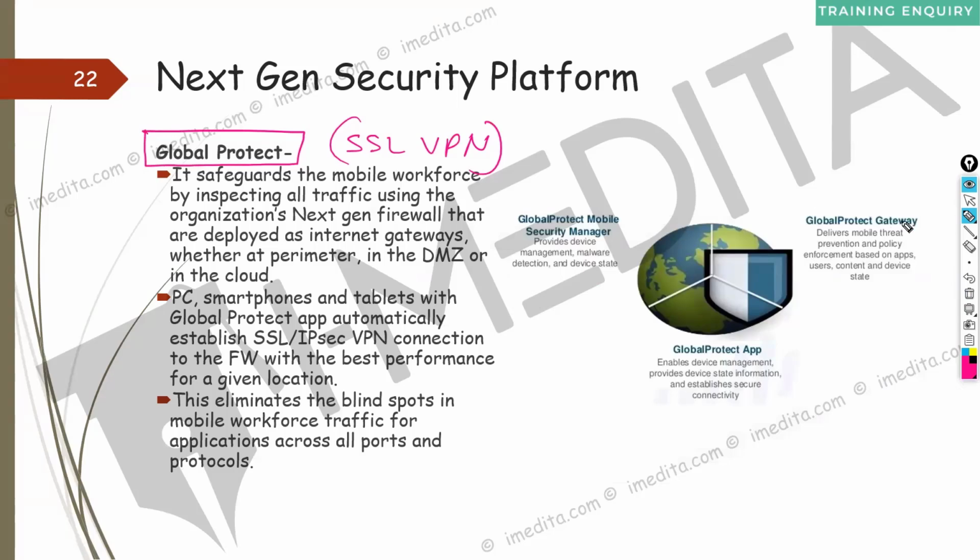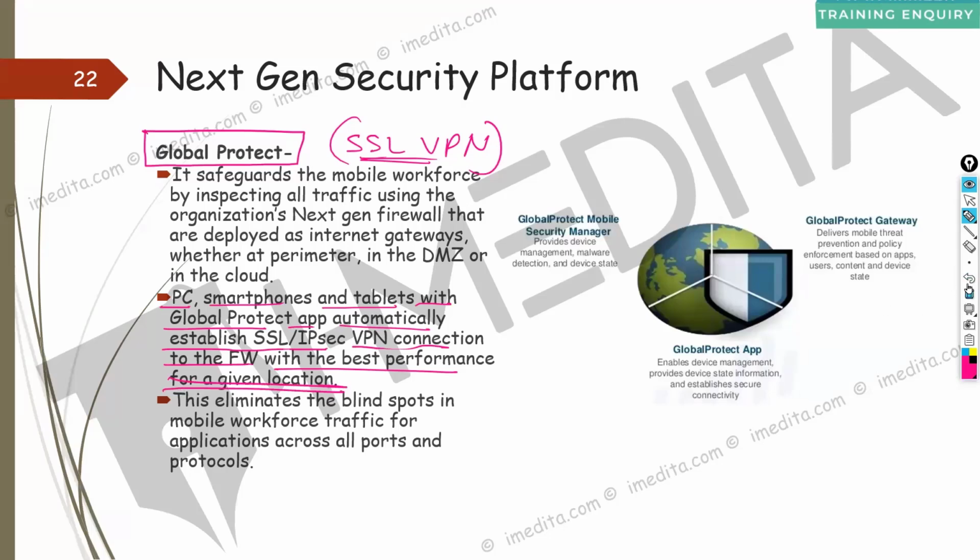So we will learn what SSL VPN is. We will deploy it. So the same thing is here: with the help of GlobalProtect, PCs, smartphones, and tablets with the GlobalProtect app automatically establish an SSL or IPsec connection with the firewall with the best performance for a given location.